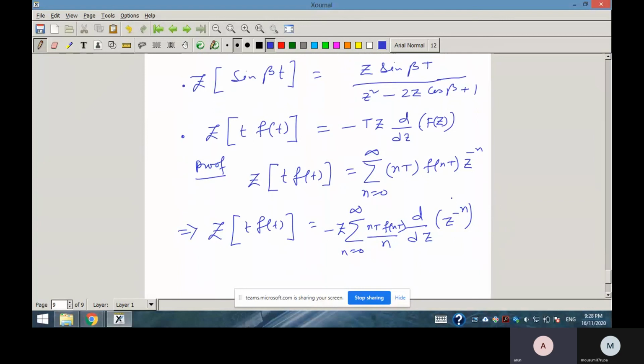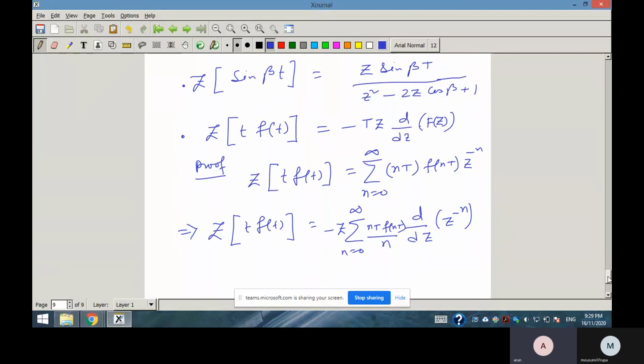So minus plus, ultimately z also will get cancelled, and another n will come, so that it will become the same.